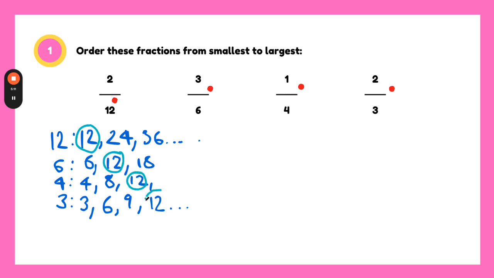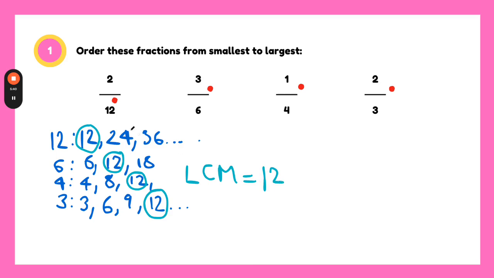In other words, it appears in the 12 times table, the 6 times table, the 4 times table, and the 3 times table. And it is the lowest number which is a common multiple of all of these 4 numbers. So our LCM, or lowest common multiple, is 12.